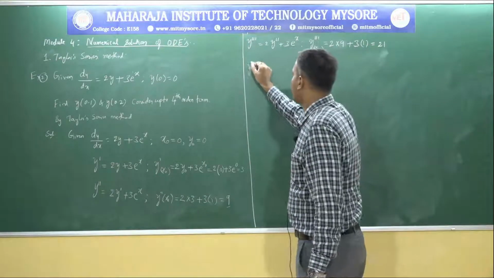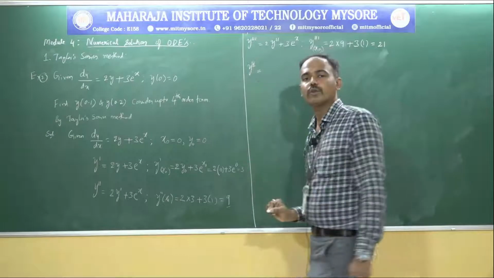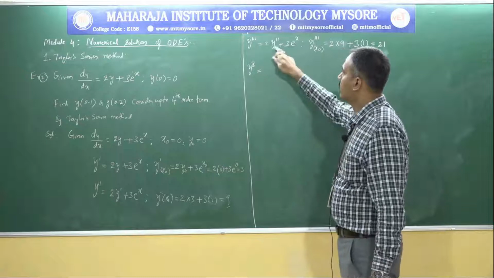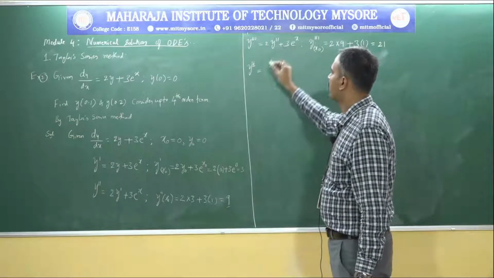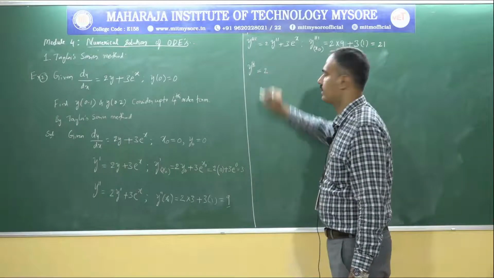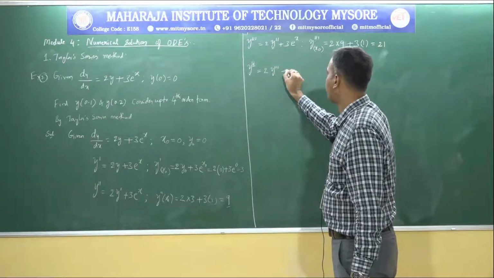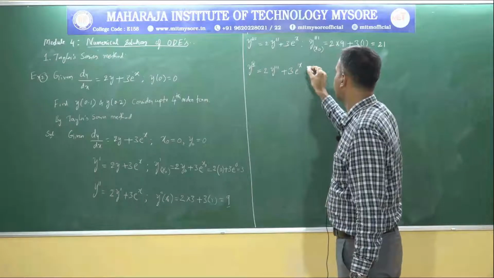Next, y fourth. We have y triple dash equals 2 into y double dash plus 3 e power x. Differentiating once again, the constant 2 stays, y double dash changes to y triple dash, plus 3 into e power x.